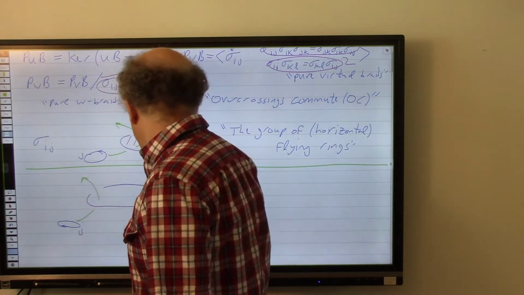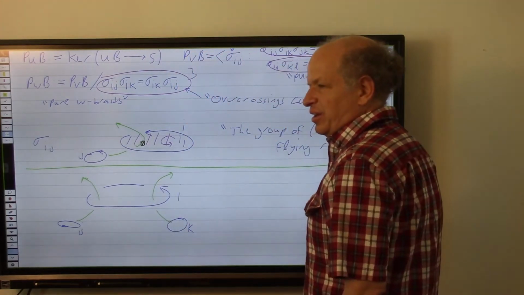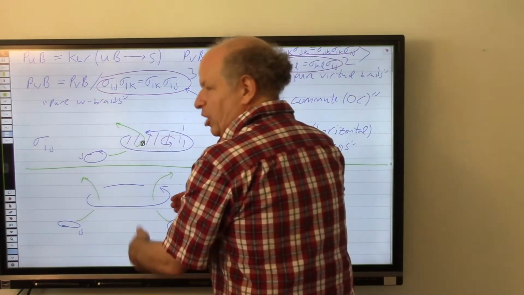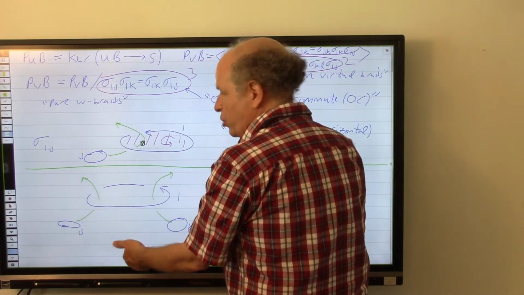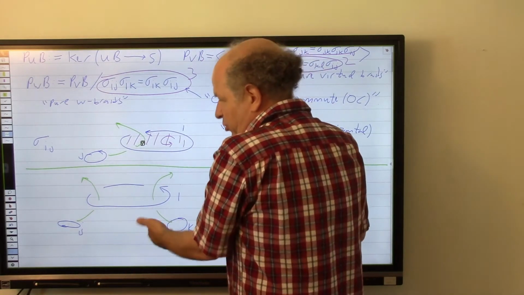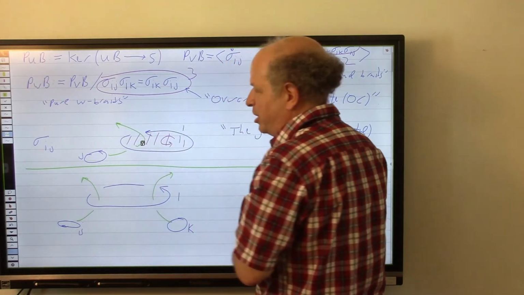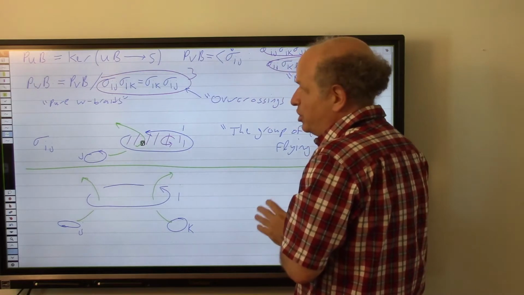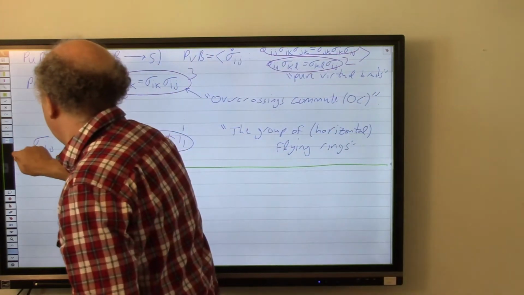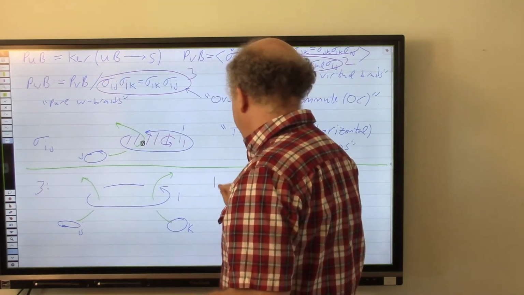So J flies and K flies, and topologically it doesn't matter in which order they fly through, and the 2 orders are exactly sigma ij, sigma ik, and sigma ik, sigma ij. So that was easy enough. That was a proof of relation 3, and now let's prove relation 1.